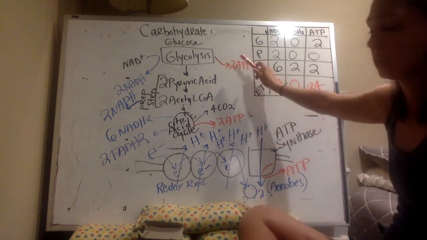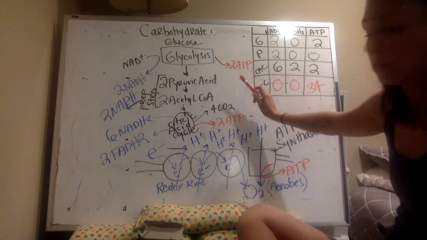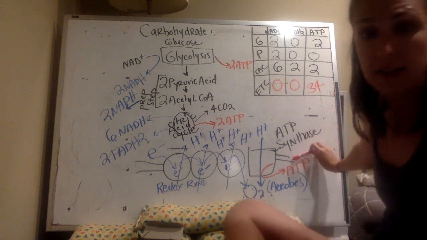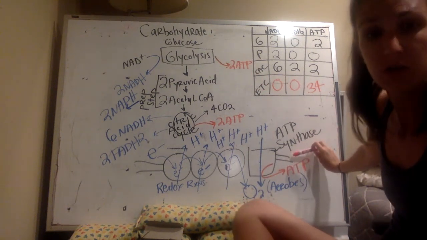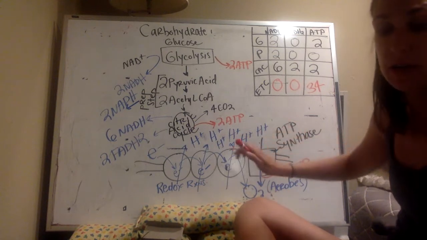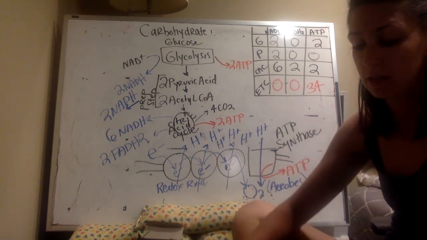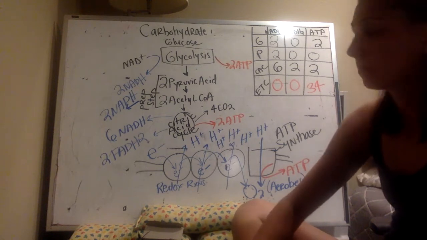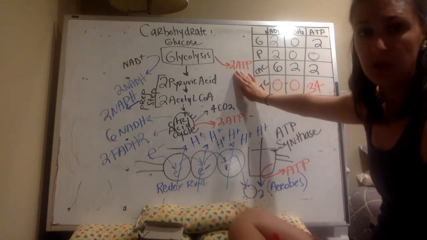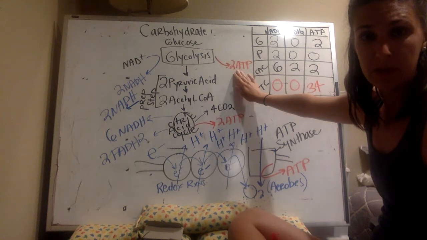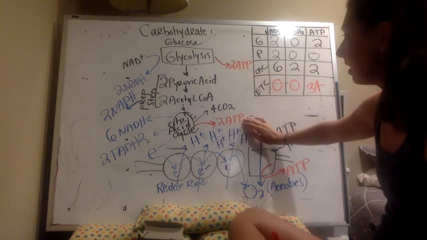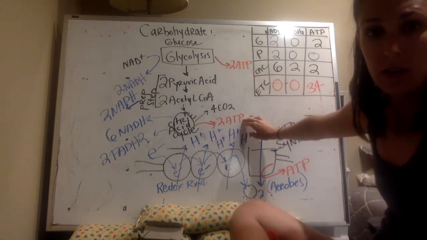We have several different steps here on how ATP is produced. And these can be classified in two different ways. And you'll learn about a third way when you learn about photosynthesis.